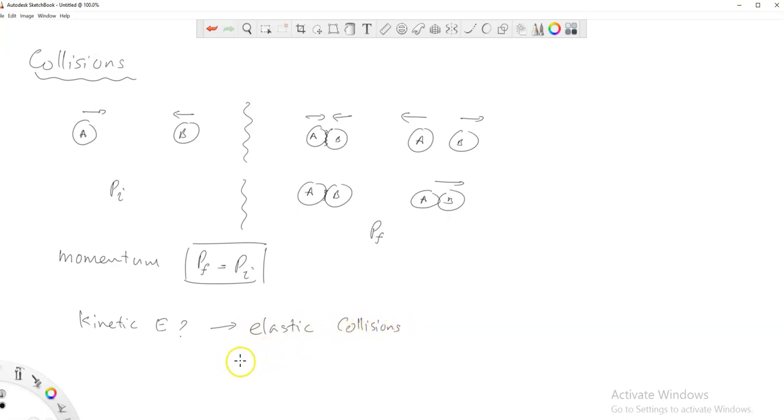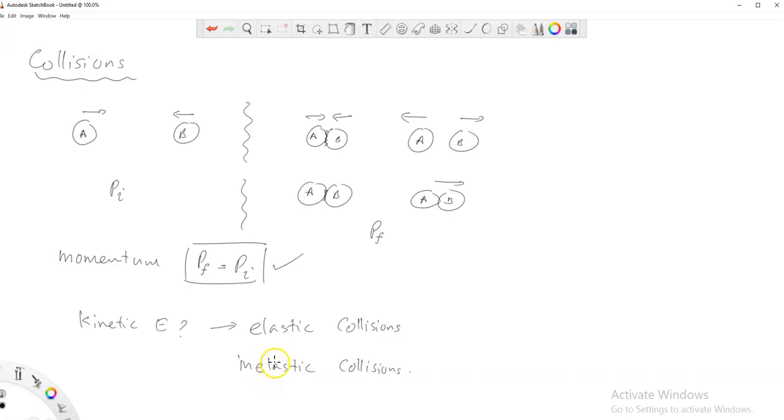The other type is called inelastic collisions. Based on the kinetic energy, or energy conservation, we can divide collisions into two. Remember, regardless of what kind of collision, momentum is always conserved, elastic and inelastic.